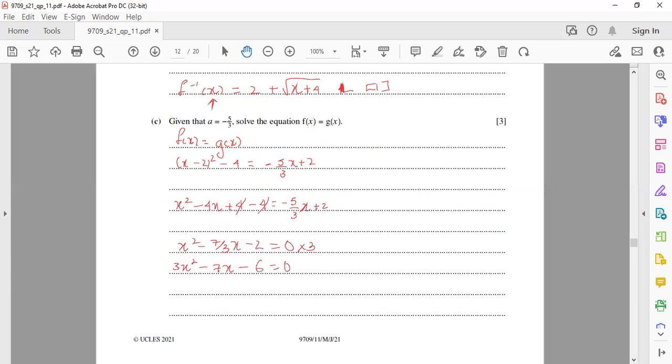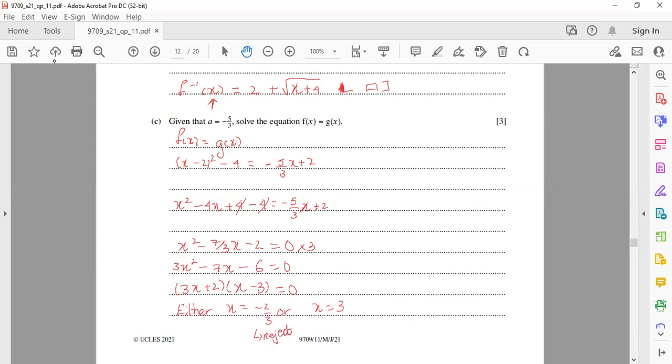And now we have a quadratic equation, so we can factorize. So (3x plus 2)(x minus 3) gives us 0. So either x is equal to minus 2/3 or x is equal to 3. We will reject the first value. Why?